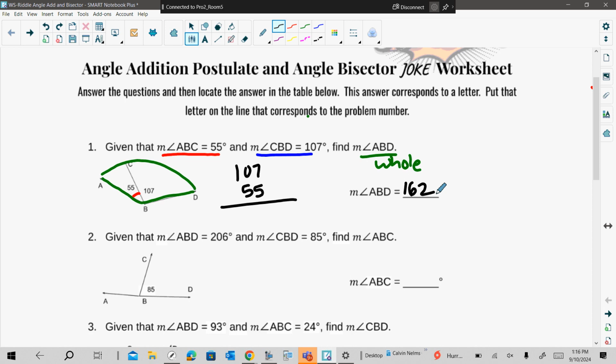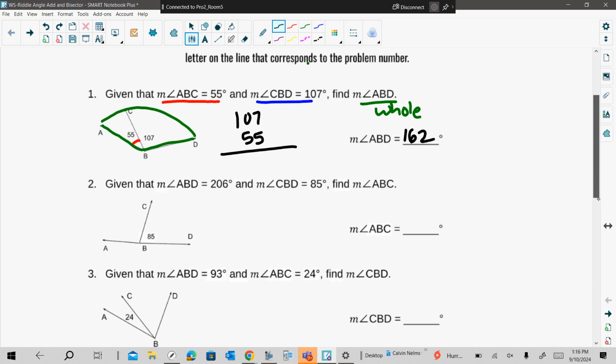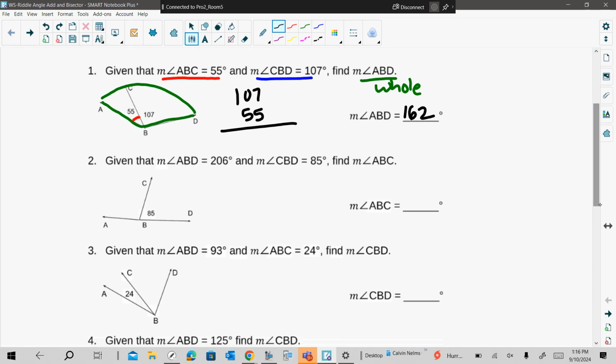Now, on number 2, take what's given, like right here, ABD, A to B to D. You've got to recognize that that represents the whole angle. And they're asking you to find the missing angle right there, ABC. So if I have the adjacent part, what would I need to do to find that missing part?